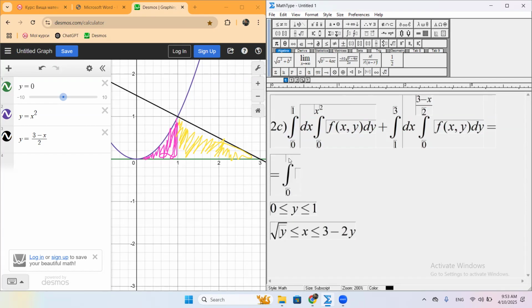That is easier and more convenient to calculate instead of two integrals. I guess you agree with it. So we integrate by y from 0 to 1, and x from square root of y to 3 minus 2y.